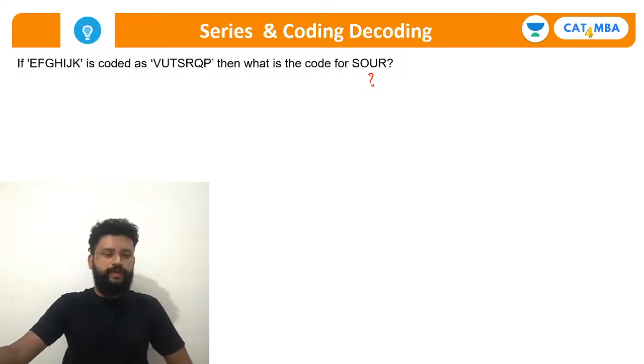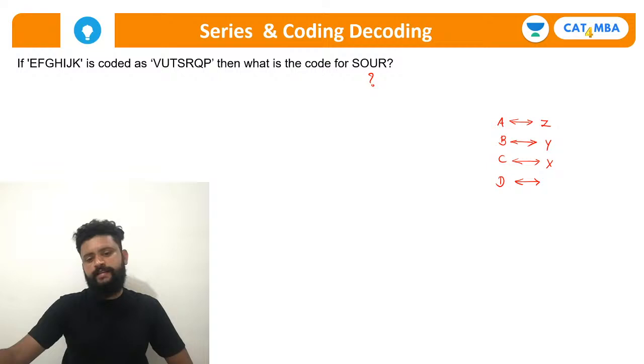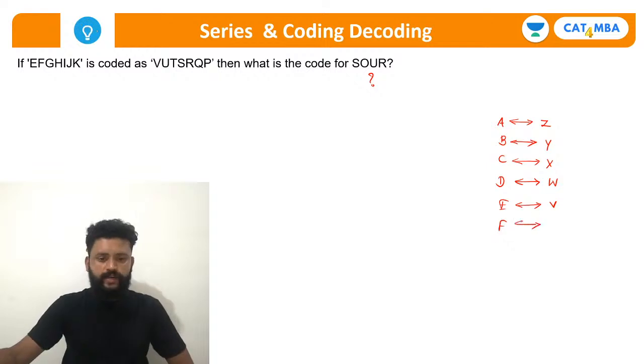What do we mean by reverse code? Here, what happened? I can say it is reverse coding. A is coded as the last letter and B is coded as the second last.